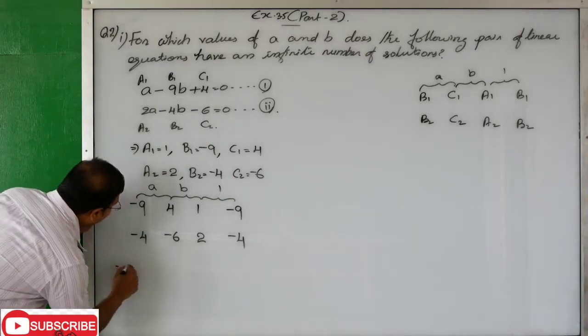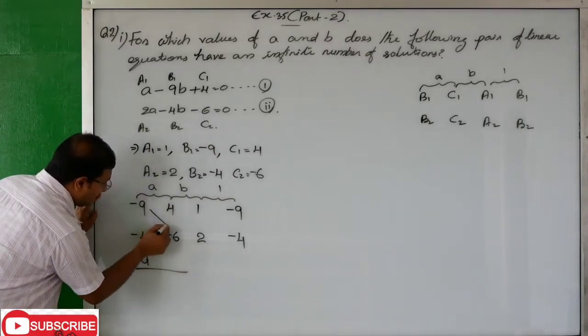That means a divided by these two will multiply.